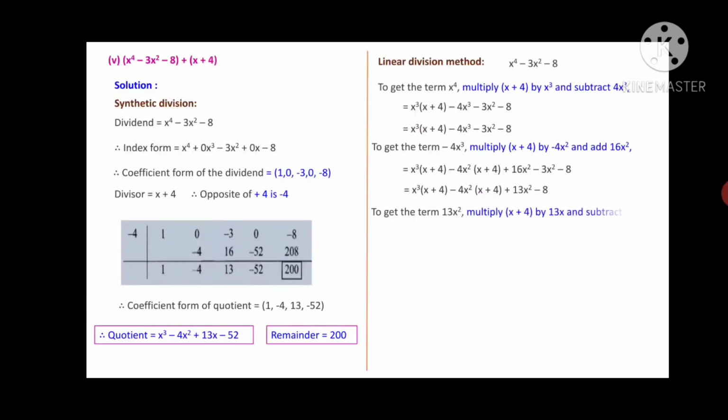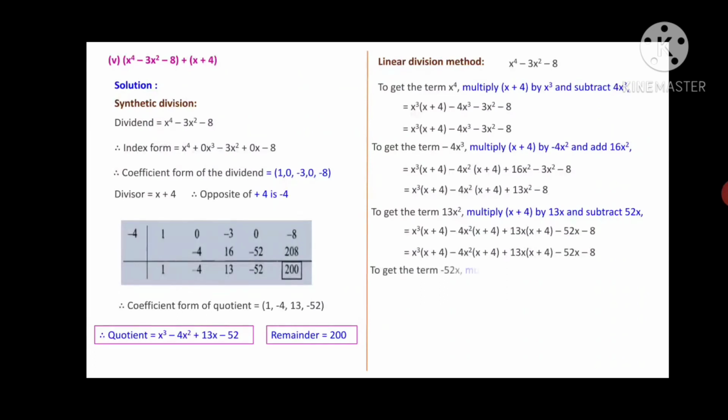To get the term 13x², multiply x + 4 by 13x, and you have to subtract 52x. The next step will be x³(x + 4) − 4x²(x + 4) + 13x(x + 4) − 52x − 8.